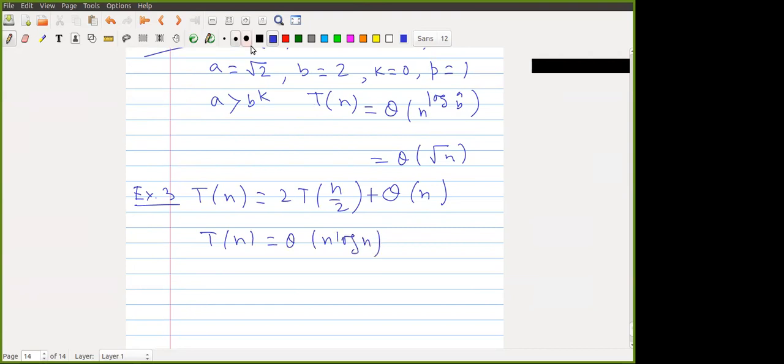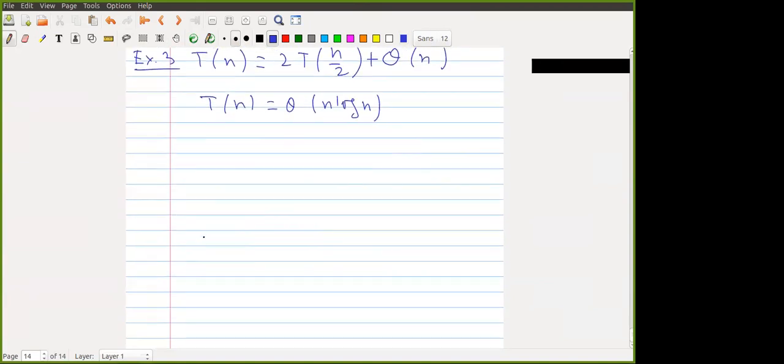Now let's see an example where this relation does not work. For example, my recurrence relation is of this form.